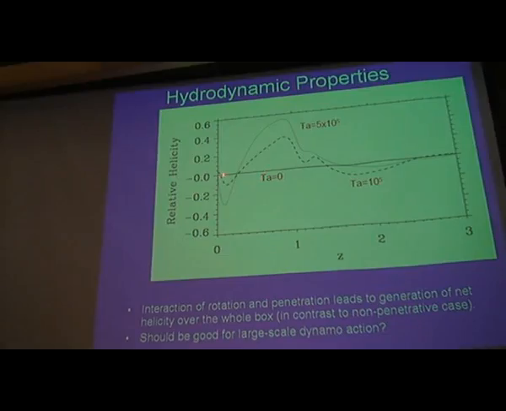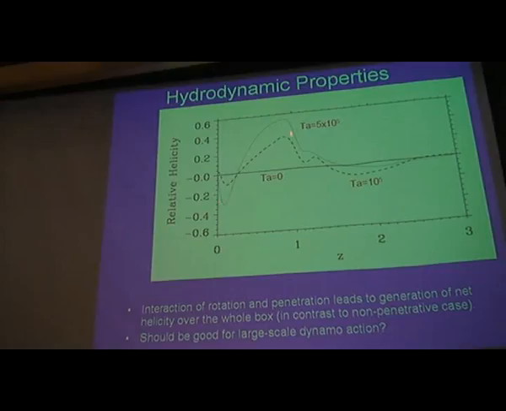So of course for no rotation we shouldn't get very much relative helicity, and indeed we don't. As one starts to rotate, you can see that this asymmetric helicity distribution emerges. And so this calculation has a net helicity over the whole domain. So it's not that it cancels out to 0.